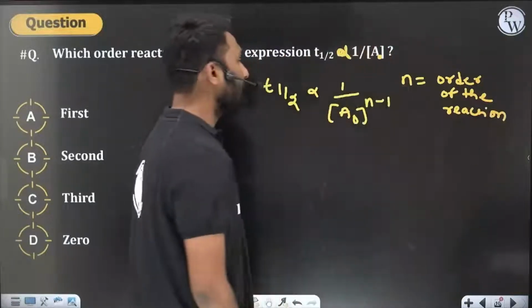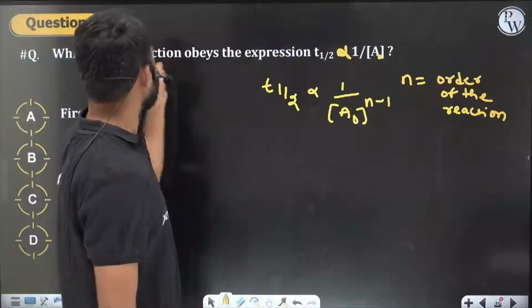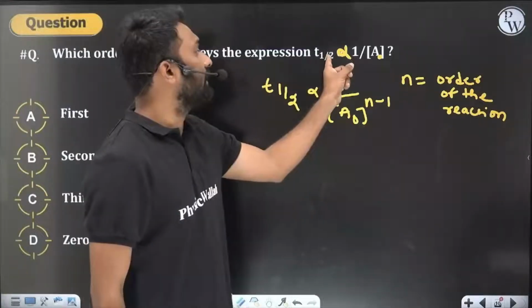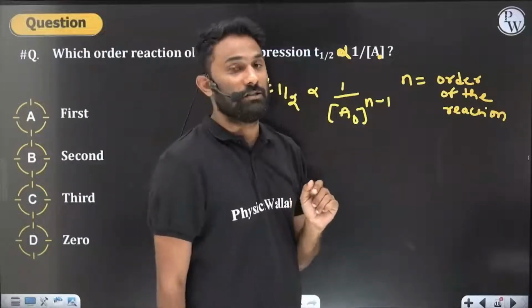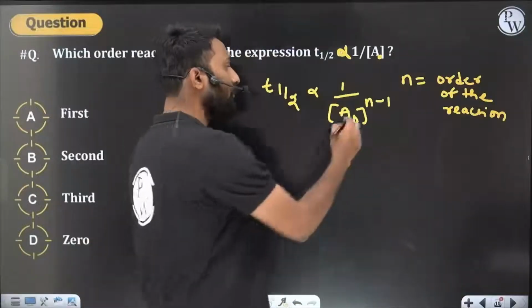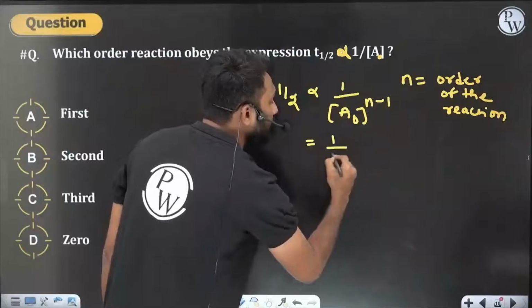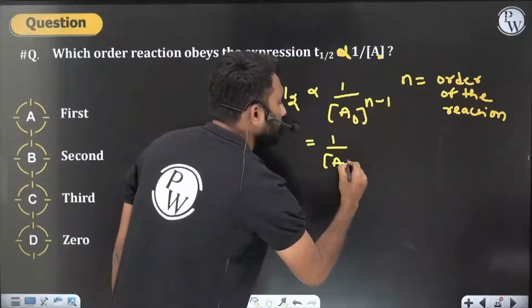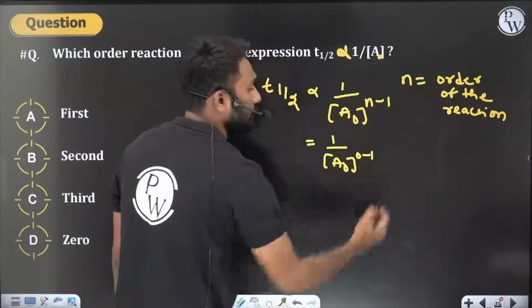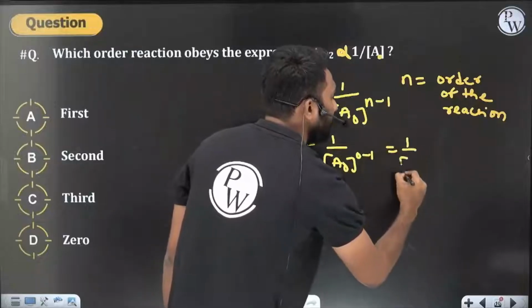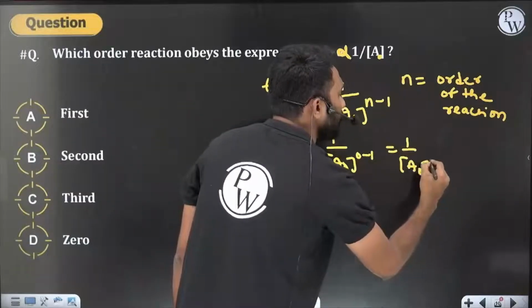Which order will obey the expression? First, if you take zero order, it is 0 minus 1, so 1 by initial concentration to the power minus 1.